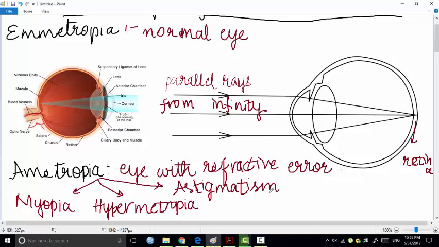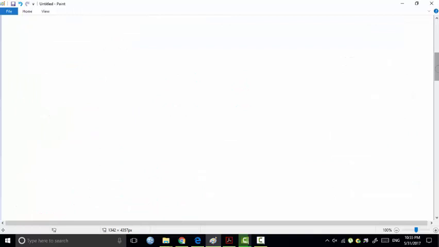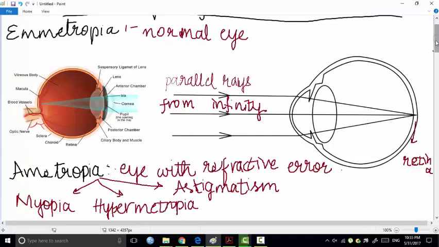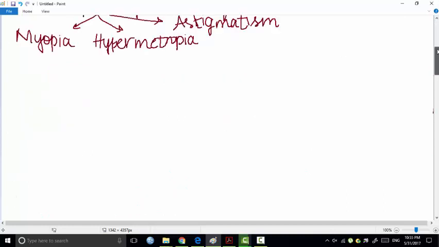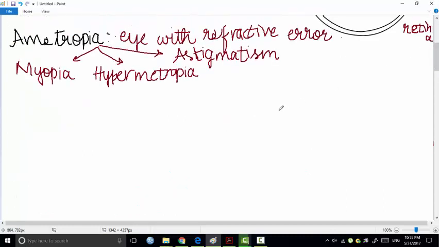All these are the three different types of ametropic eyes. So now let us deal with each of them in our everyday class.